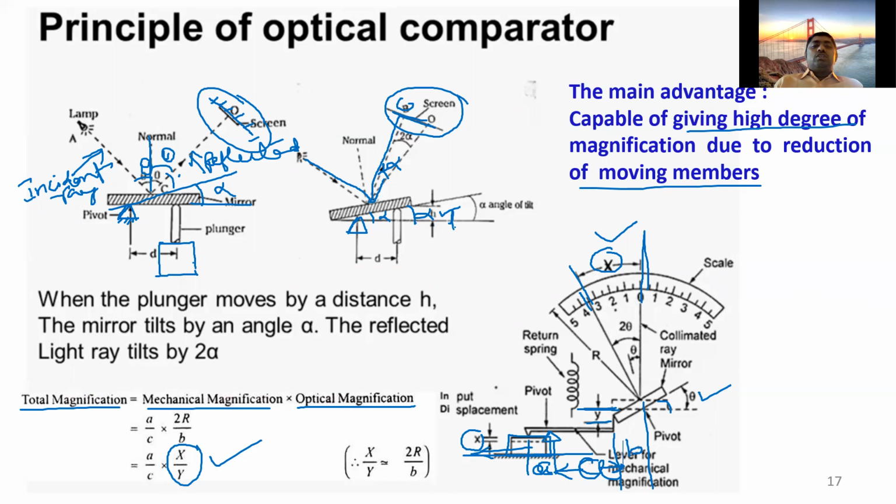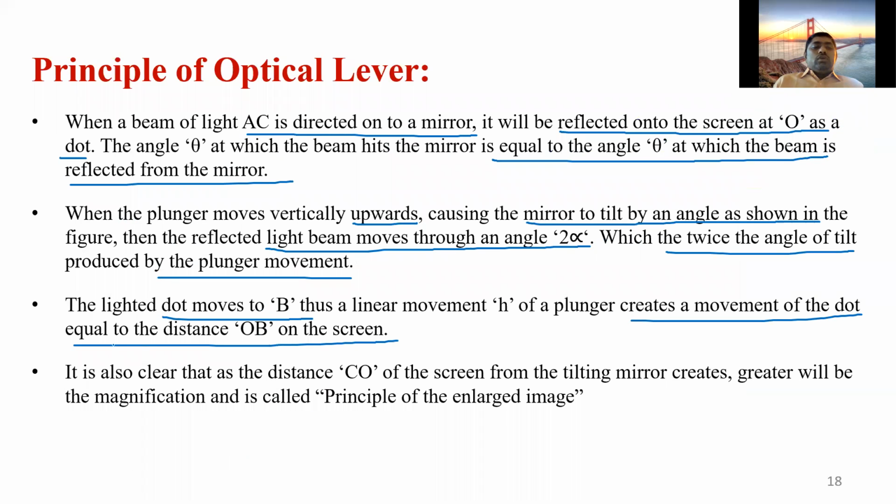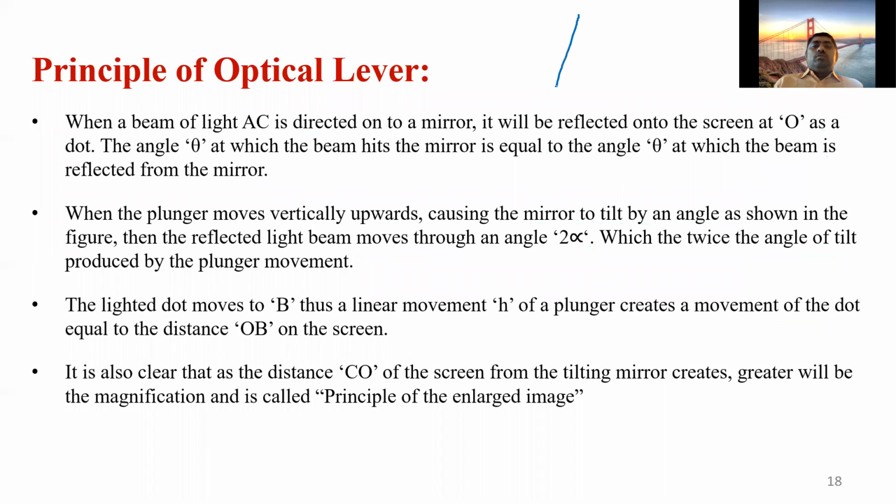So this height H is magnified on the screen as the distance OB. And it is also clear from the figure that the distance CO, this point is C and this point is O, the greater the distance CO of the screen from the tilting mirror, the greater will be the magnification.